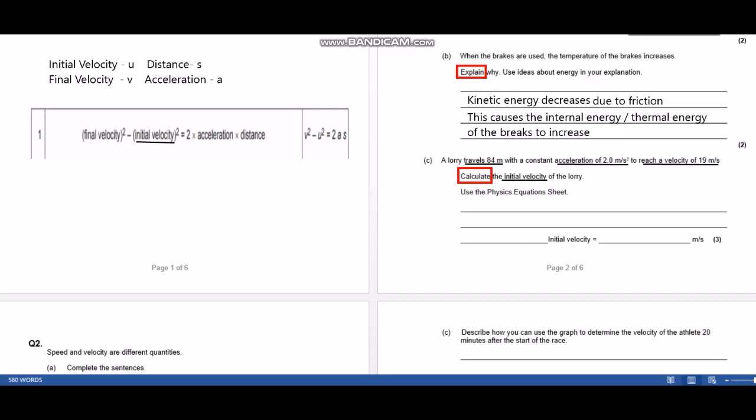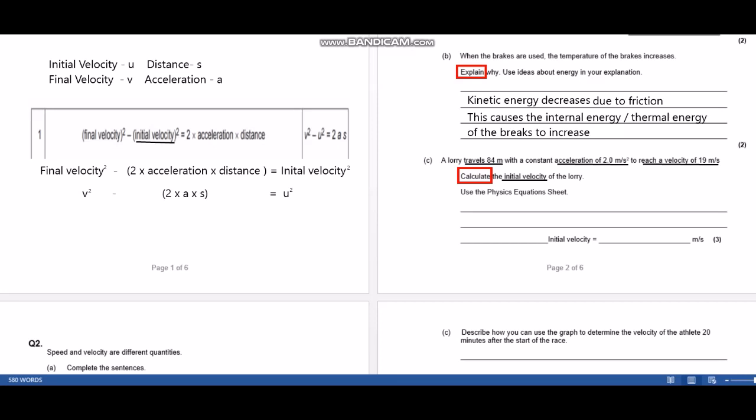So rearranging that equation to have initial velocity as the subject, I'm going to use the symbols. So we see that the final velocity squared, take away 2 times the acceleration times distance, is equal to the initial velocity squared.